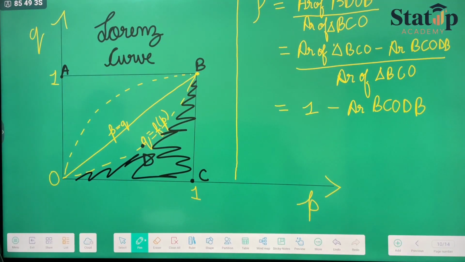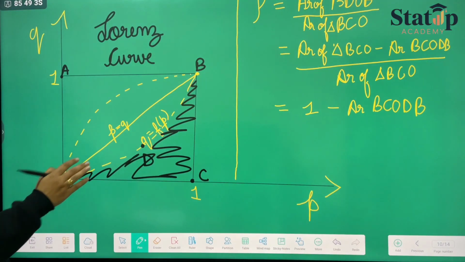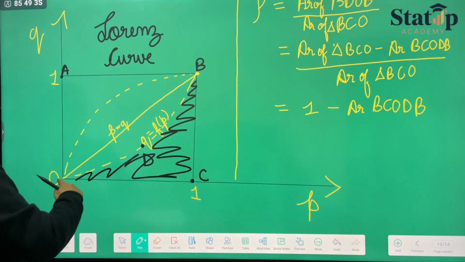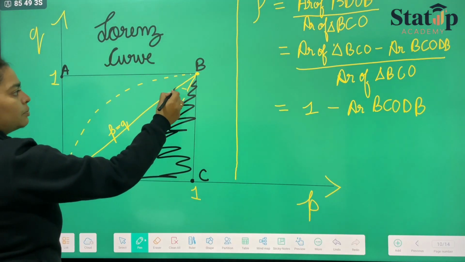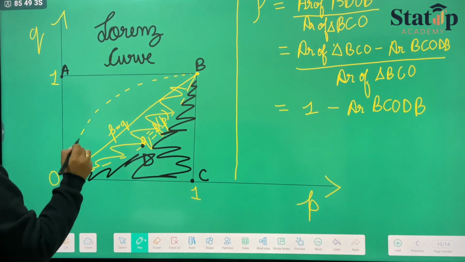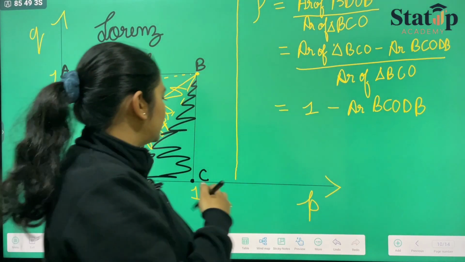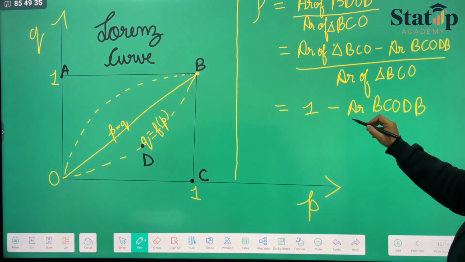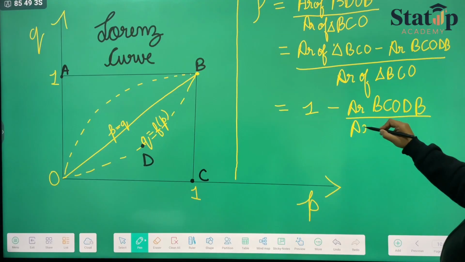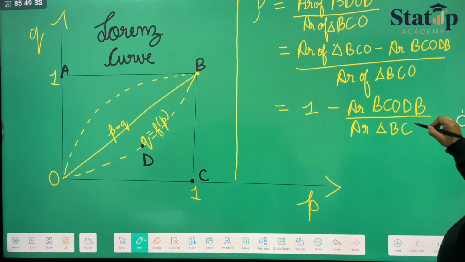This part. If we subtract this portion from the triangle BCO, we will be left with this portion which we want to find. So it is that only, upon the area of triangle BCO.